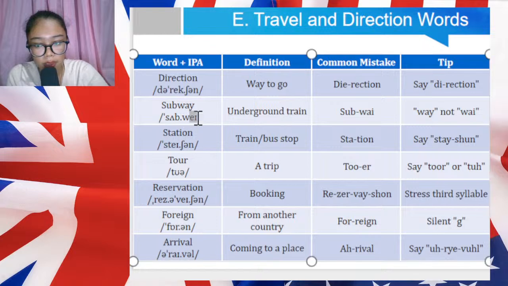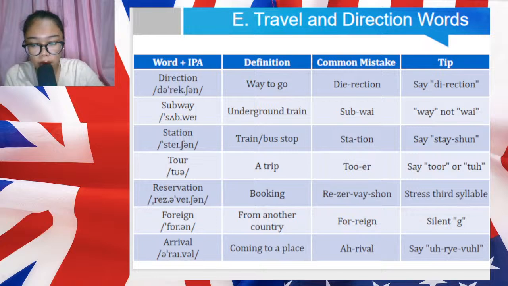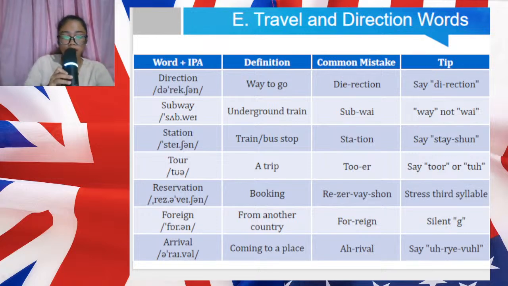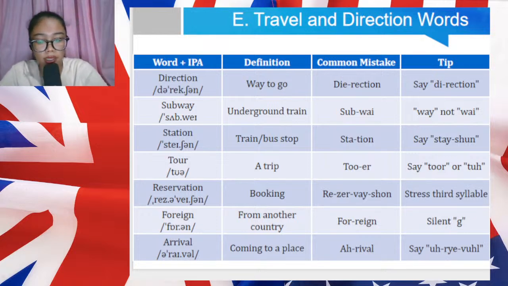So subway. When we pronounce the two distinct sounds in succession, subway. More natural, subway. Now, subway is an underground train. So that's very easy. This one is very easy.